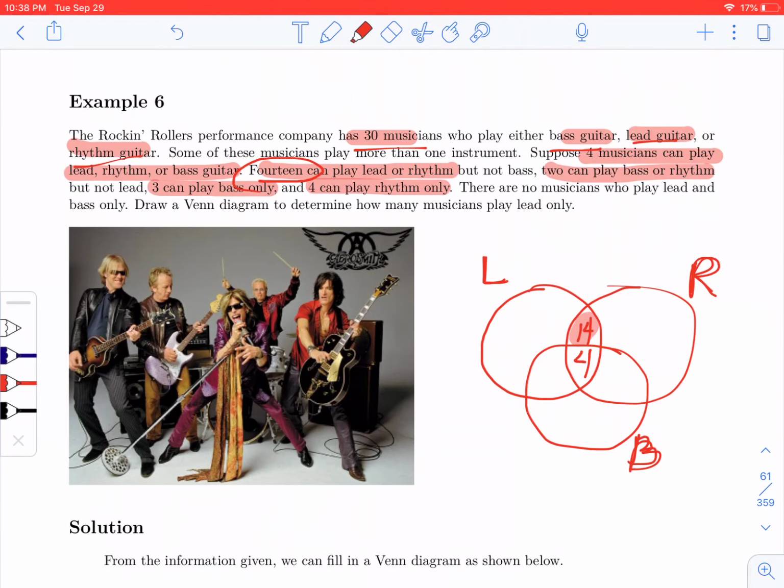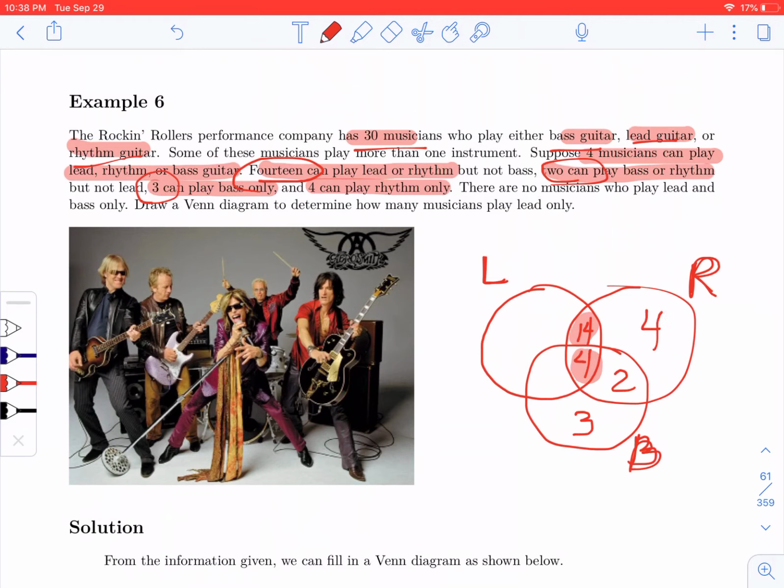Second of all, they have 2 that can play bass or rhythm. So find the bass rhythm overlap and put a 2 there. All right, good. Next, we have 3 that can play the bass only. They only have 1 set of skills. They play the bass guitar.